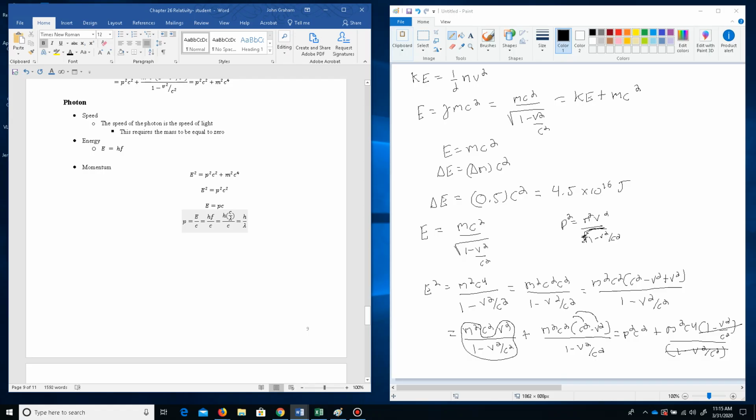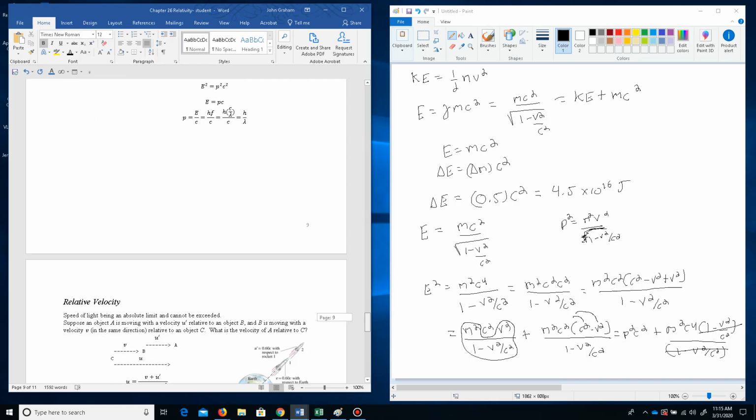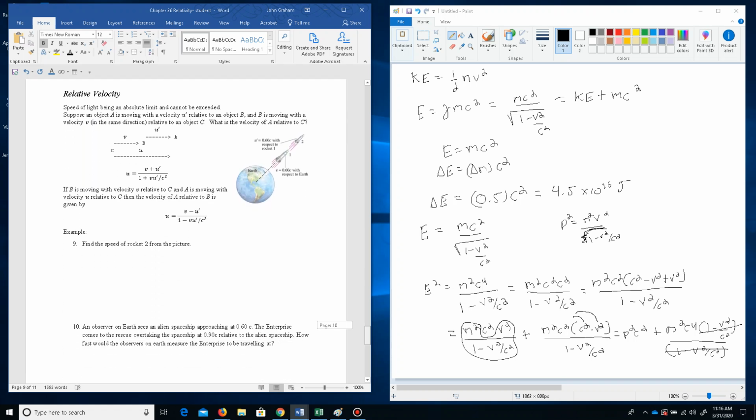Right, so p equals h over lambda. So we use relativity to show an equation that we've shown before in multiple ways, which helps confirm that what we're doing is on the right track with things.